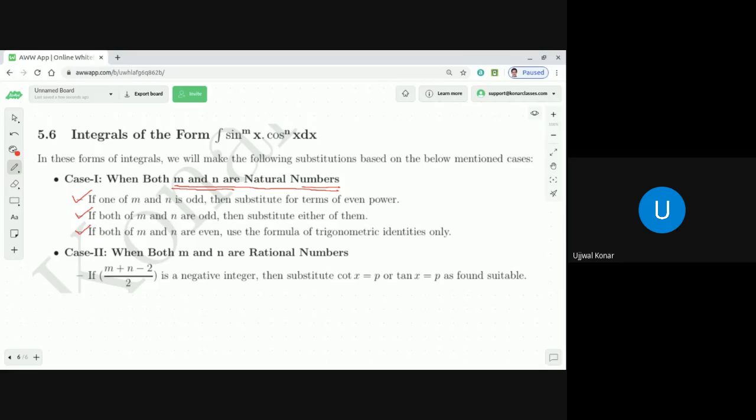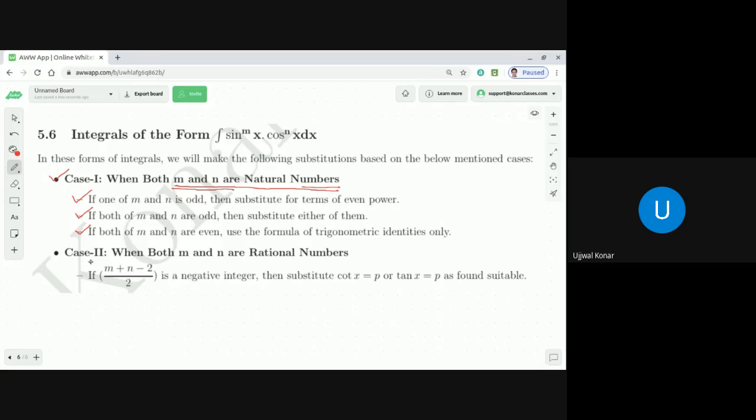Now the second case, the first case we are done with. In the second case, if both m and n are rational numbers, a rational number is a number which can be expressed in the form of p by q, where q is not equal to 0 and HCF of p and q is equal to 1.